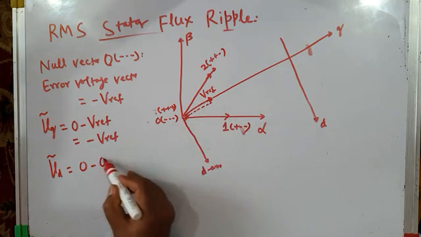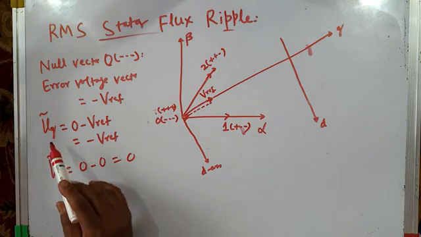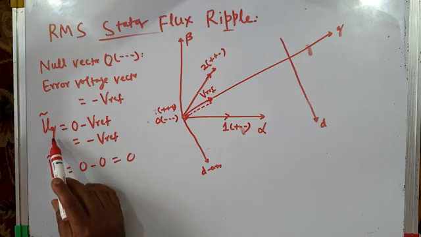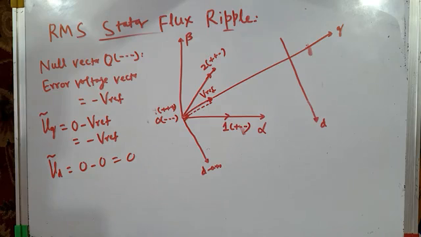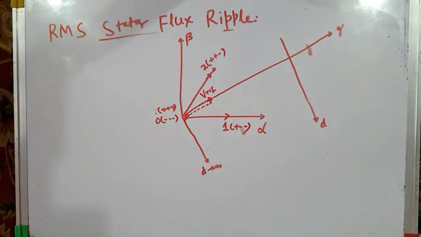So it is 0. So it is 0 minus 0, which means 0 itself. So therefore, when null vector 0 is applied, the q axis component of error voltage vector is minus vref, and the d axis component of error voltage vector is 0. Fine, we already know this. This is just the recap of what we have done in the last class.